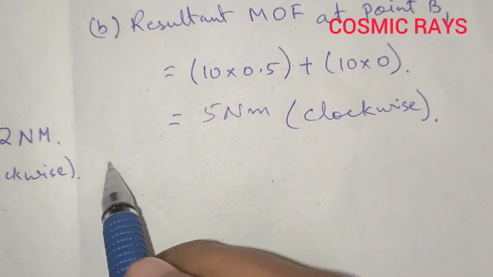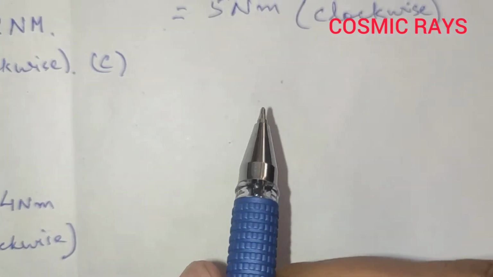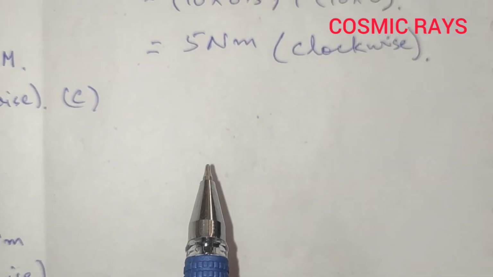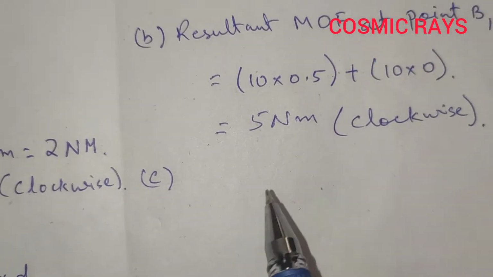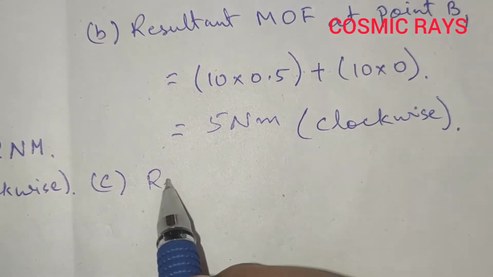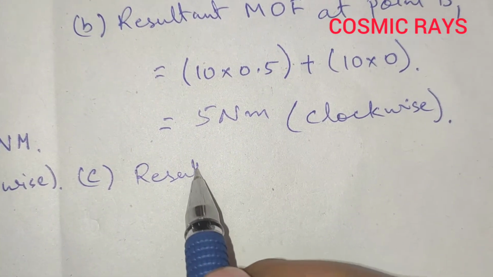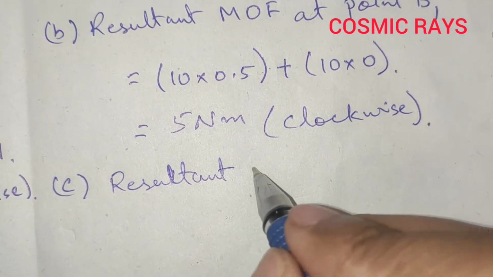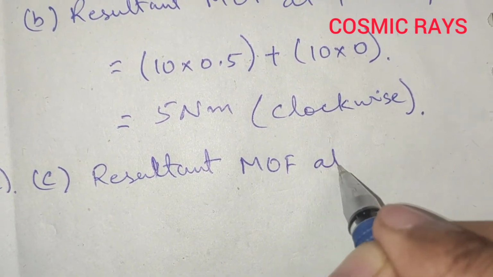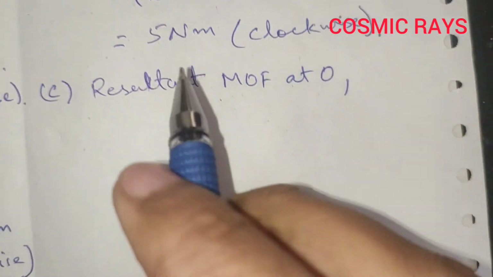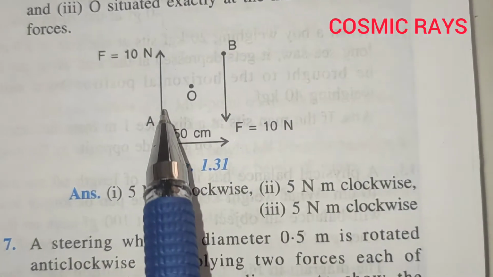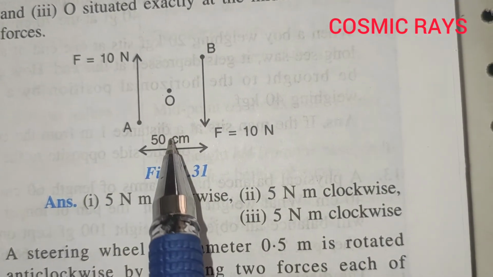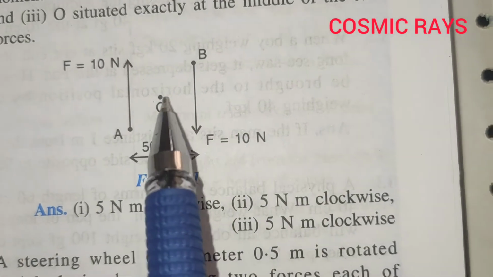And finally they have asked us to find at O, that is the middle point. So the resultant moment of force at O will be, now here the distance from A will be half of 50 centimeter and the distance from B will also be half of 50 centimeter.